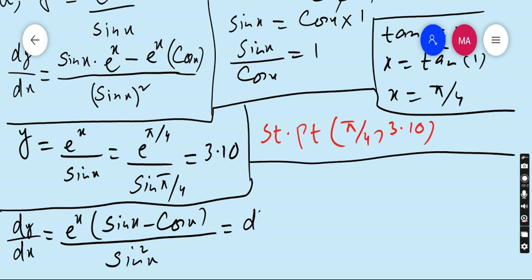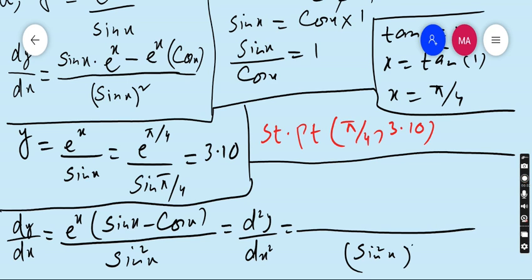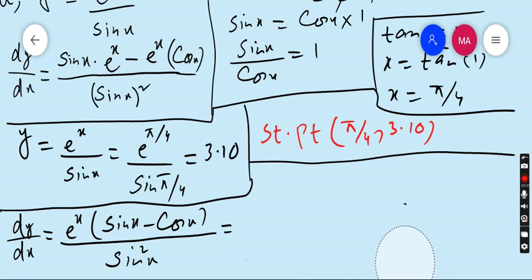So again we have to apply the u upon v formula, that is v squared, v as it is, derivative of u, sin x derivative is cos x, minus cos x derivative is minus minus plus sin x, minus, sorry, this is not correct, I will do it again, there is some mistake.